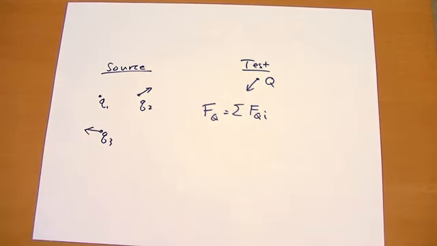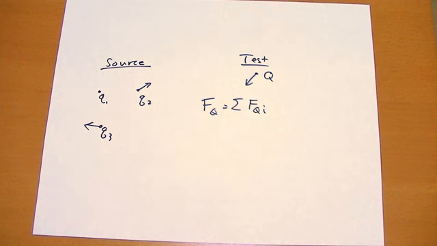So I could write down the force that a moving, possibly accelerating charge would exert on a test charge that's moving, possibly accelerating. It would be a very complicated formula, and you wouldn't be able to understand what I'm writing.